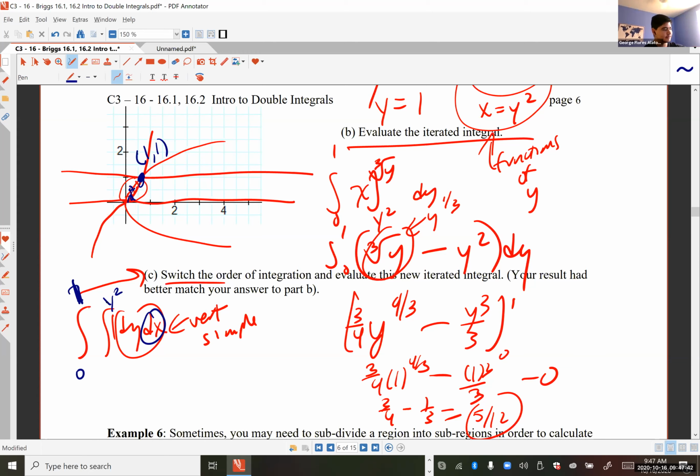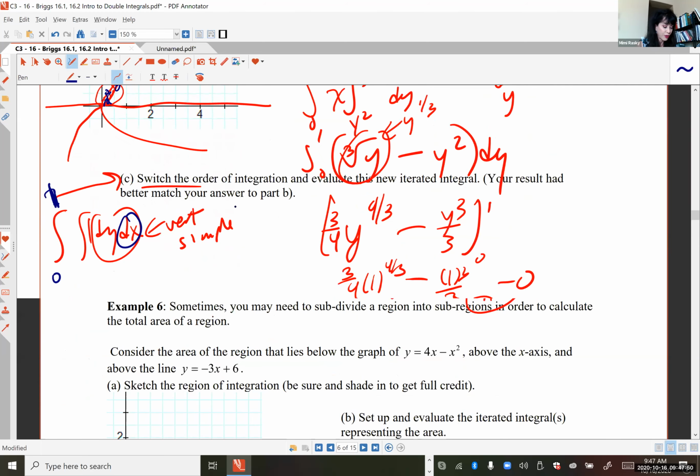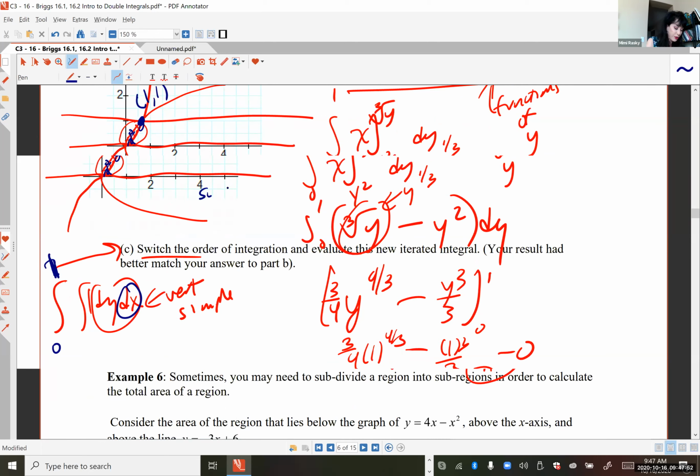No, that's bad. You need to have a variable that isn't a y, because we're integrating with respect to y. So you need to do some scratch over on the side: rewrite x equals y squared and solve it for y. If you square root both sides, you're going to get the plus or minus again, but we're going to take the plus. So you're going to have square root of x.